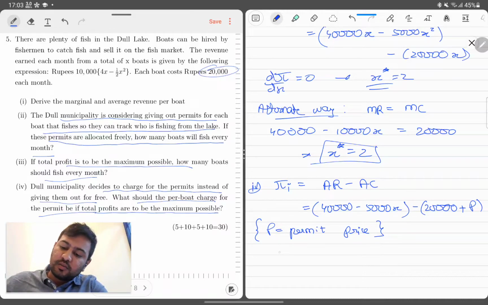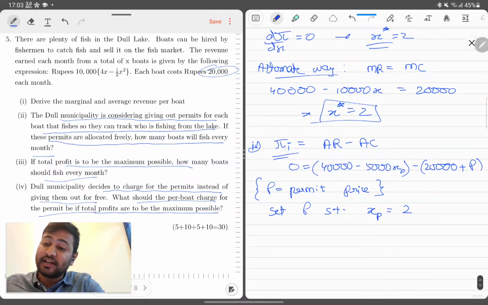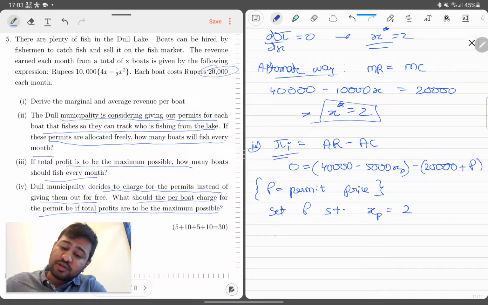So when I solve this, I want to set P such that x with permit, xP, turns out to be equal to 2. Now for pi i equals 0, I want to solve for the value of P which gives me xP equals 2. So why don't we just substitute this?